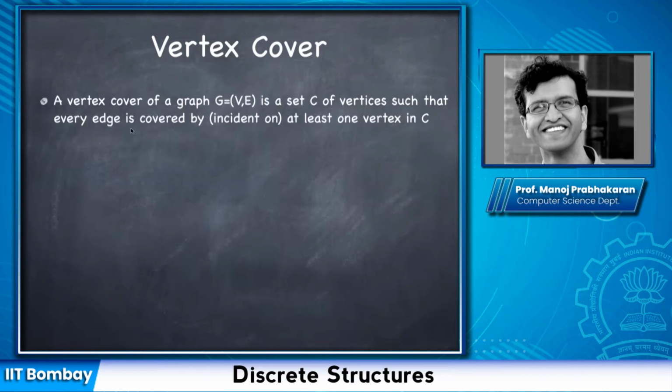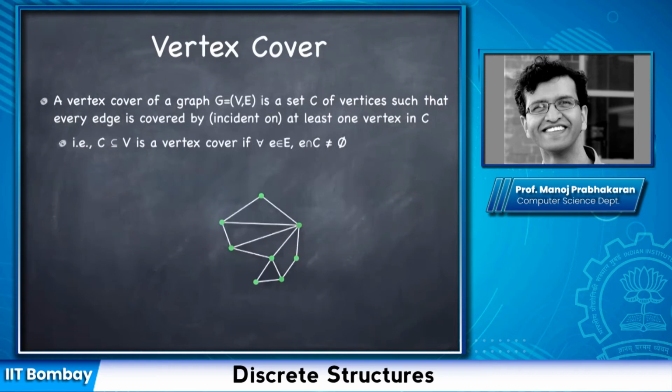That is to say, every edge has at least one of its endpoints occurring in C. If you think of the edges, remember edges are just subsets of vertices of size 2. For C to be a vertex cover, every edge must intersect the set C.